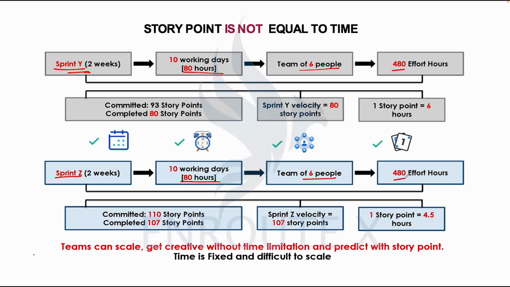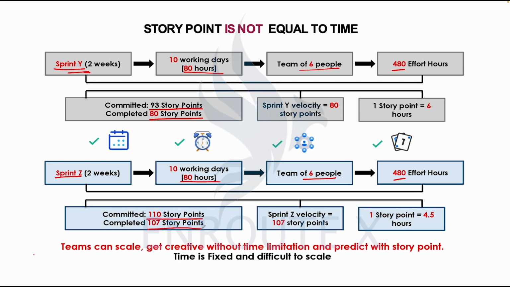So the total available time for them to work is 480 hours. However, in sprint Y, the team committed to 93 story points and completed 80 story points. In sprint Z, they committed to 110 story points and completed 107 story points.